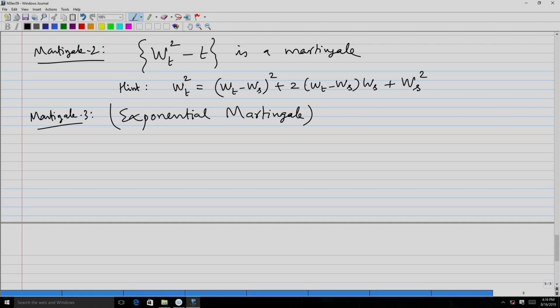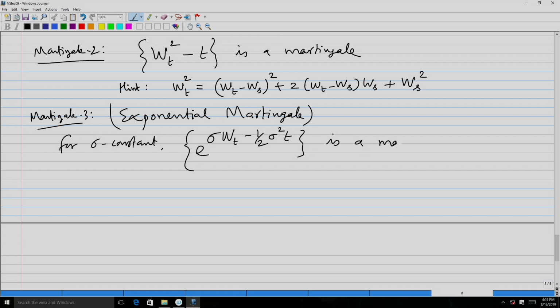The exponential martingale is basically, if I pick a constant sigma, for sigma a constant, if I look at this process e to the power sigma Wt minus half sigma squared t, this is a martingale.